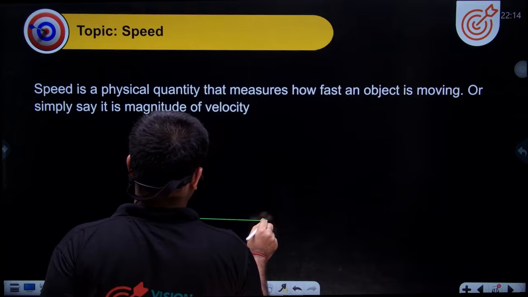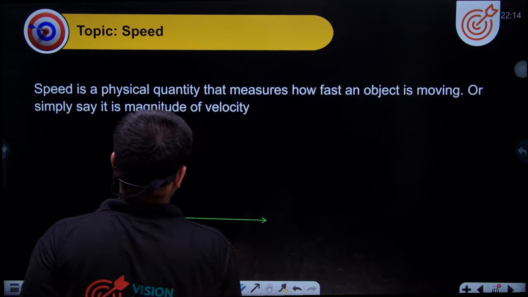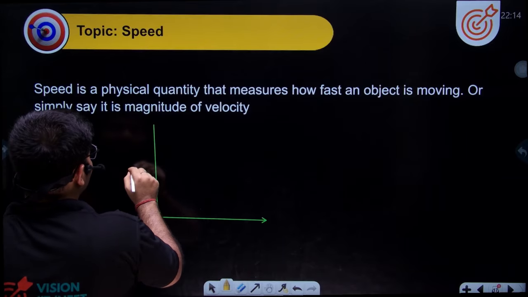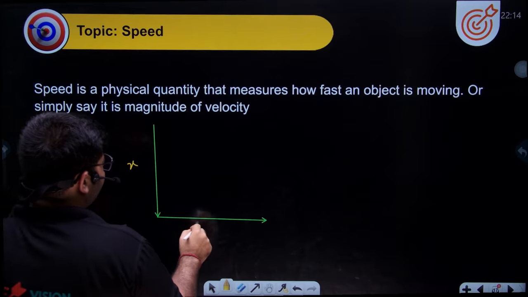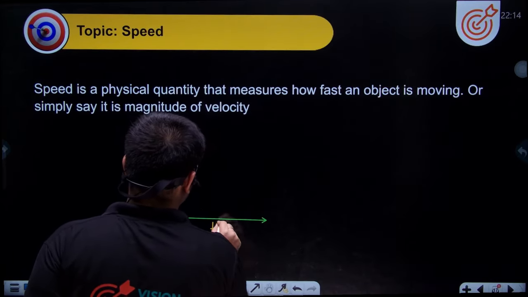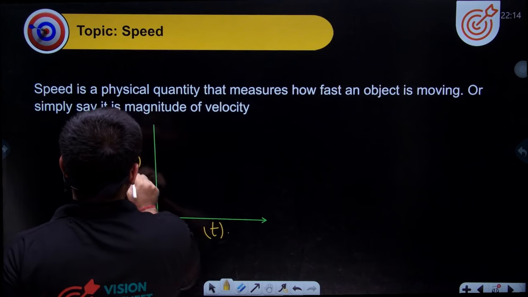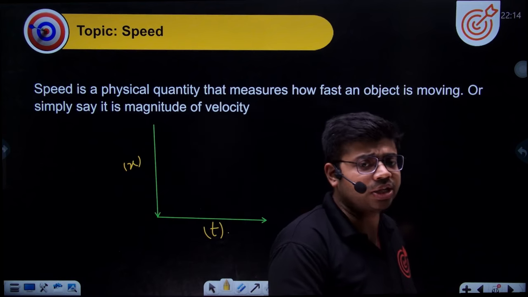So this is basically the x, or the position, and this is the time. With respect to time, how the position of a particular body is changing.